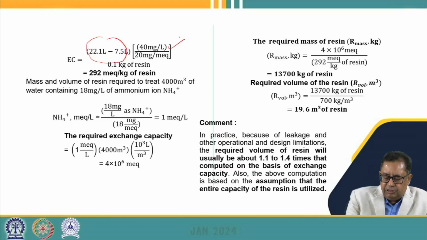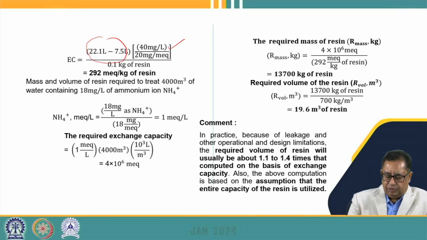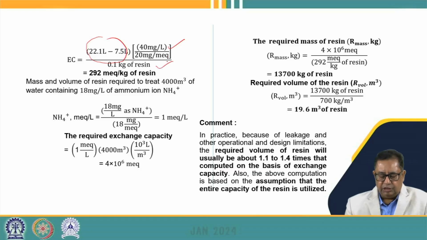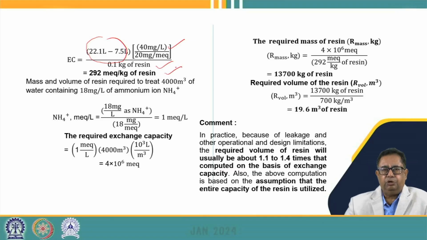This represents the equivalent concentration of our calcium ions, that is 40 milligram per liter, which is equal to around 2 milliequivalents per liter. Similarly, 0.1 kg of the resin we have put. By calculating, we find that the exchange capacity at C by C naught equal to 0.5 is around 292 milliequivalents per kg of resin.